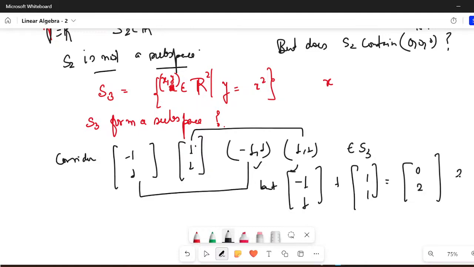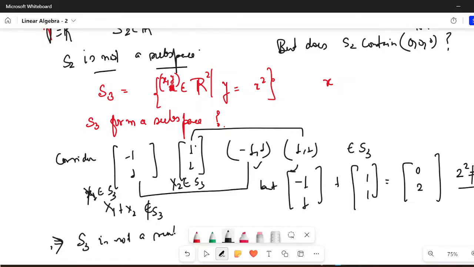And clearly we can see that 2 is not equal to 0 square. So if I say these are capital X1 and capital X2, both belong to S3, but capital X1 plus capital X2 does not belong to S3. So it implies that S3 is not a subspace. Is that clear now?